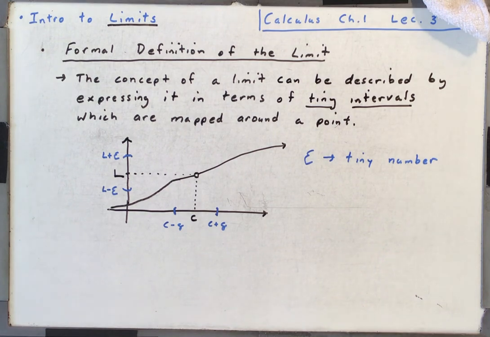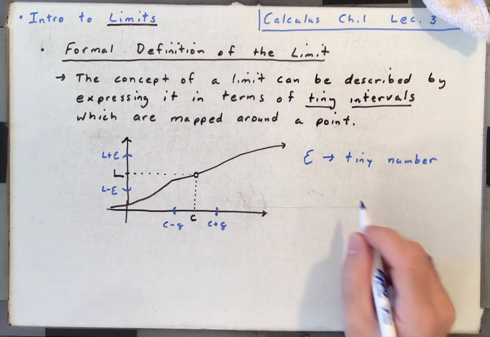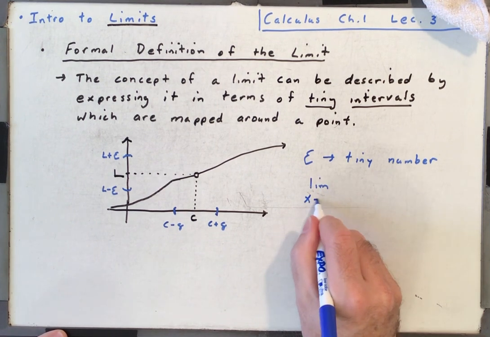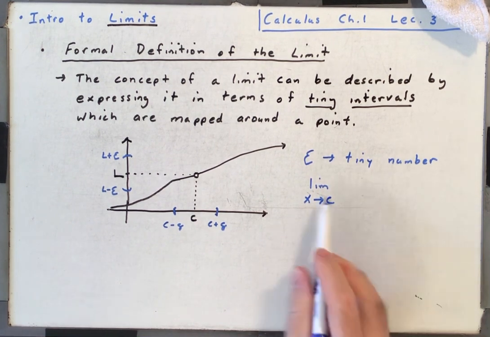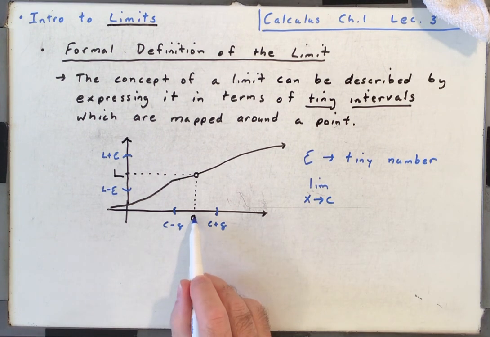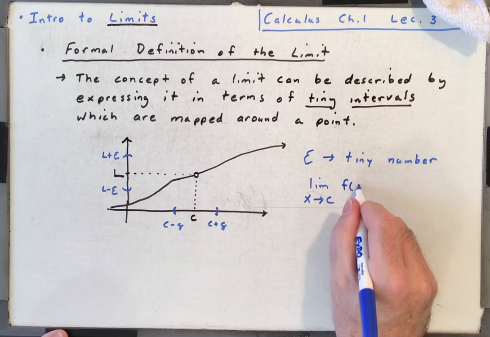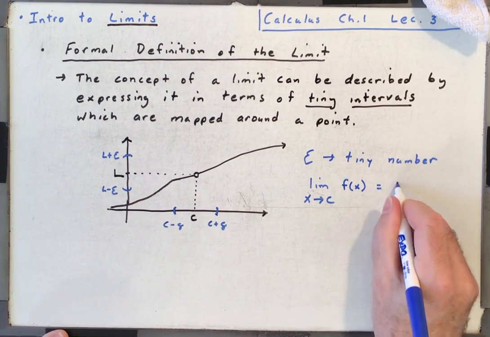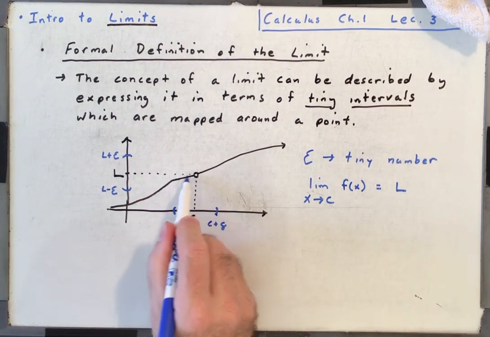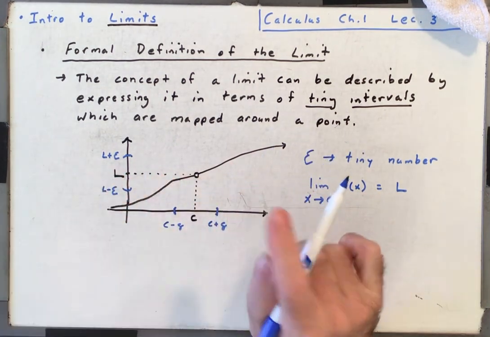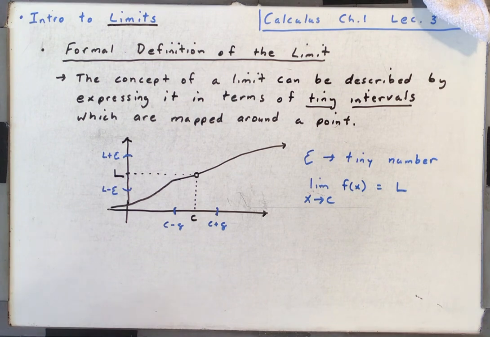So our nomenclature here is the limit as x approaches c of f of x, so of the function, is equal to L. This is the way we express a limit. All right, what we just talked about. Our hands come together right here. It's equal to L. And epsilon is a tiny number, okay?